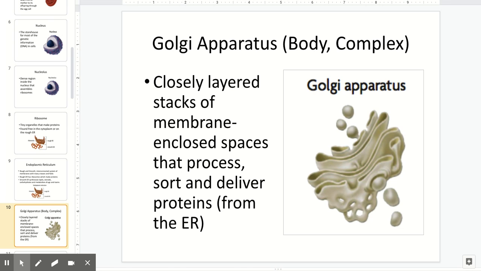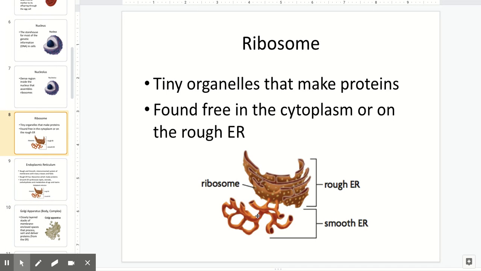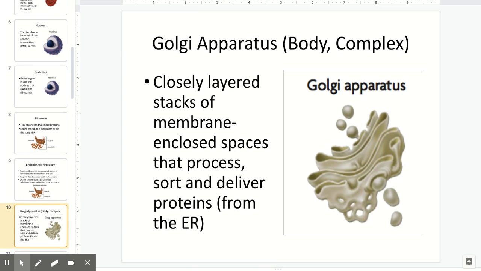The Golgi looks like little folded sacs, so it looks somewhat similar to the endoplasmic reticulum, but the products of the endoplasmic reticulum go to the Golgi, and it is there that the stuff from the endoplasmic reticulum gets sorted and delivered to different places throughout the cell, or even out of the cell.